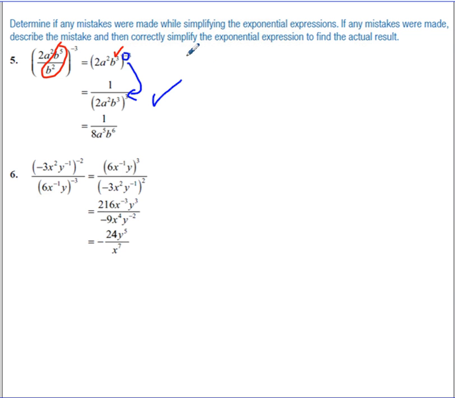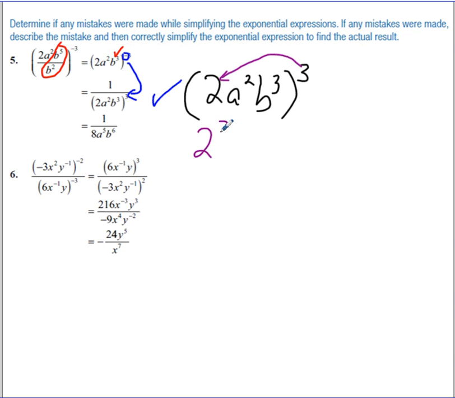And then they distributed. So let's show that distribution to make sure we can get the same answer as what they have. So we have 3 going to the 2. So 2 cubed. The 3 going to the a. The a was already a power of 2, so now we're going to multiply it and make it 2 times 3.